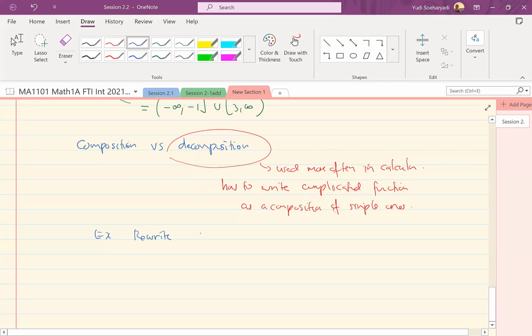We try to rewrite these functions, for example.